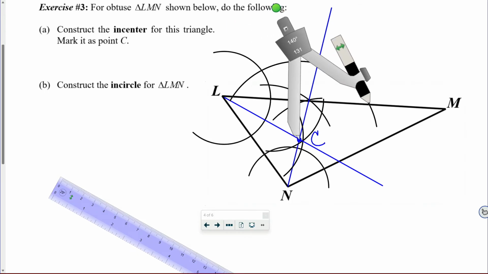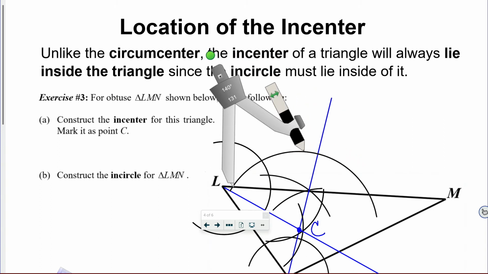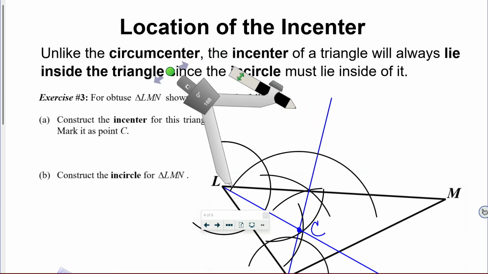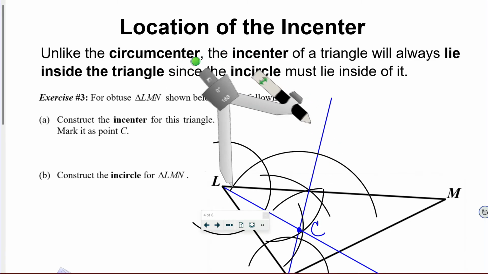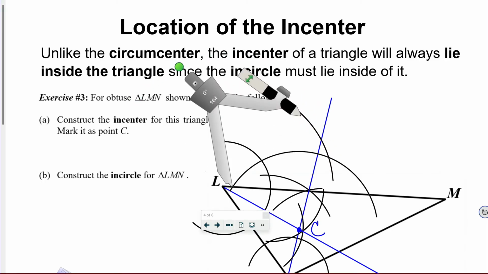There we go. Right, now I come up here and I use that to draw two more arcs. Oh man, my pencil must be getting dull. There it is.